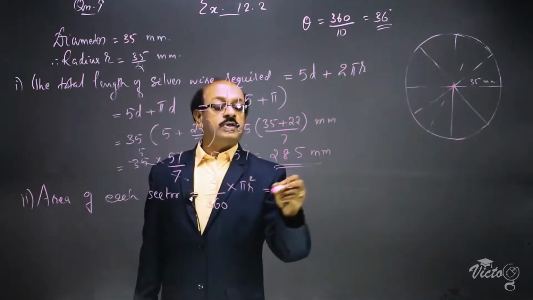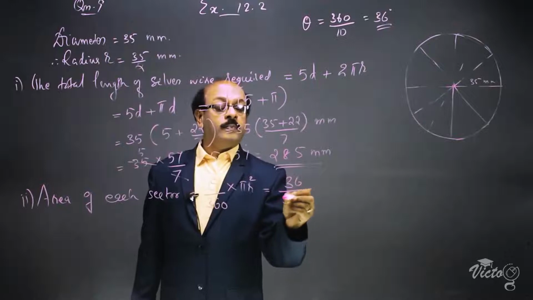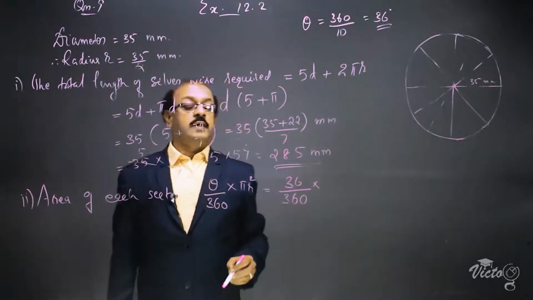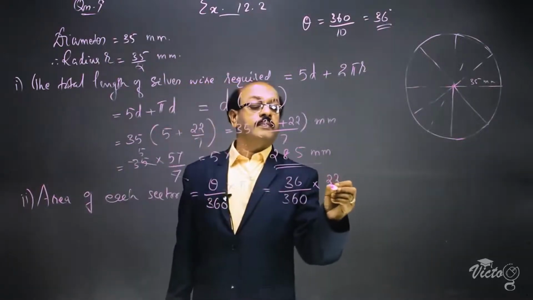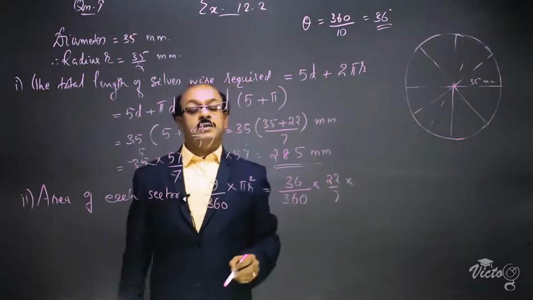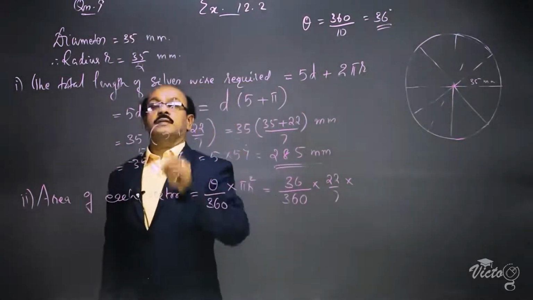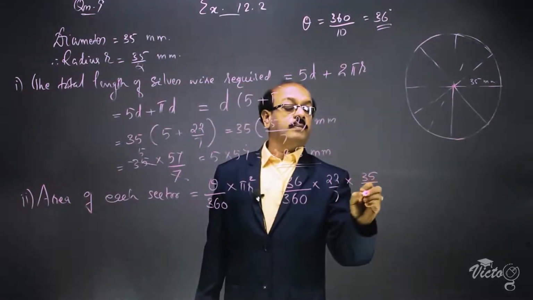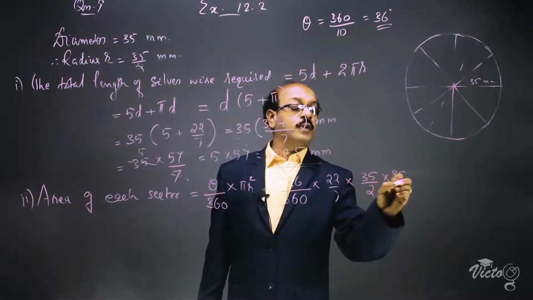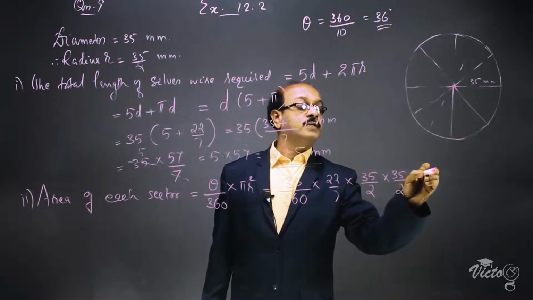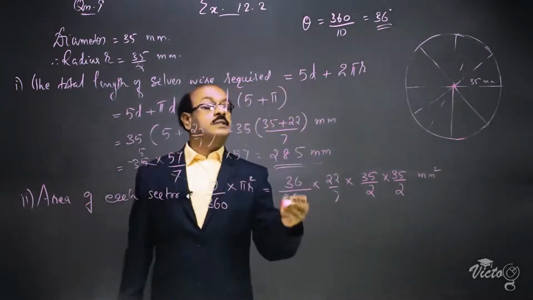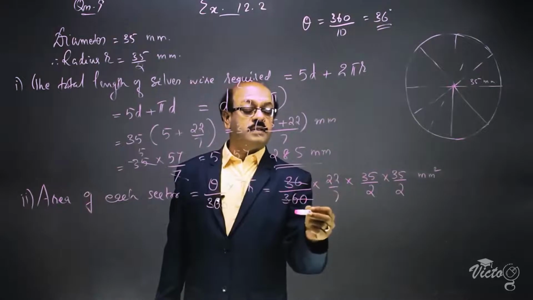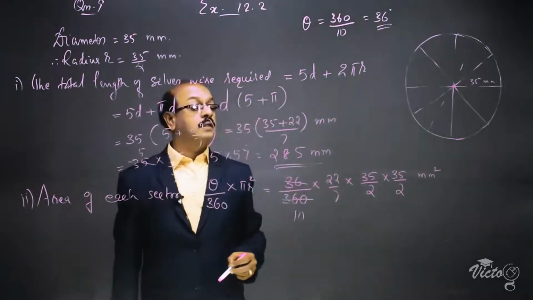So, the equation becomes 36 by 360 into pi, 22 by 7, into r square. Radius r is equal to 35 by 2, so 35 by 2 into 35 by 2, millimeter square. Now, cancelling 36 and 360, we are getting 10 in the denominator.